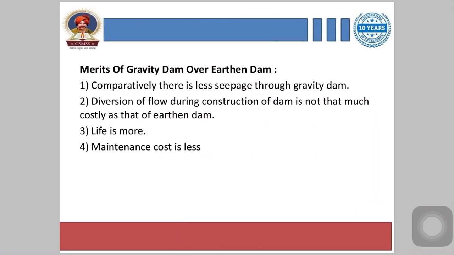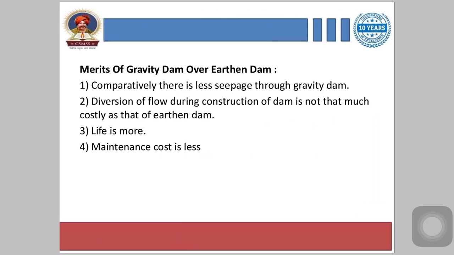Again, I would like to mention some points related to earthen dam and gravity dam. If we see the nature of slope of river bank, in the case of earthen dam, we can say that earthen dam is not suitable for steep slope of river bank, and gravity dam is suitable for steep slope of river bank.